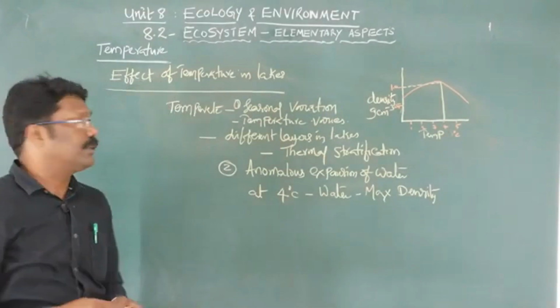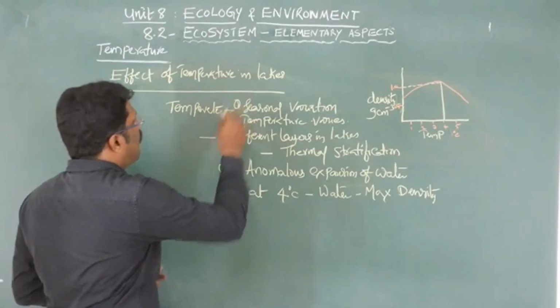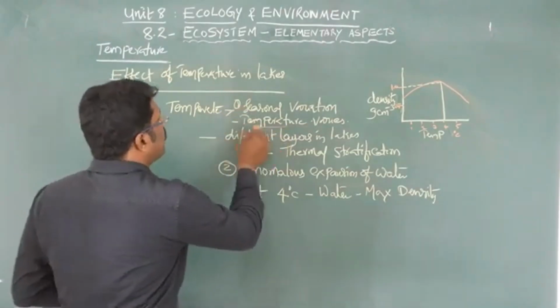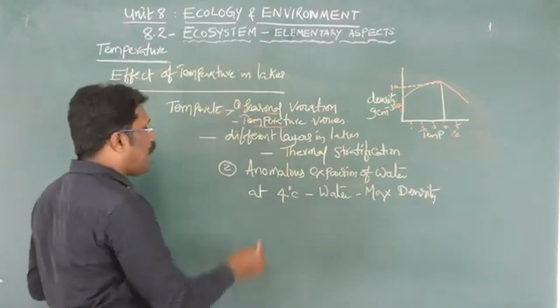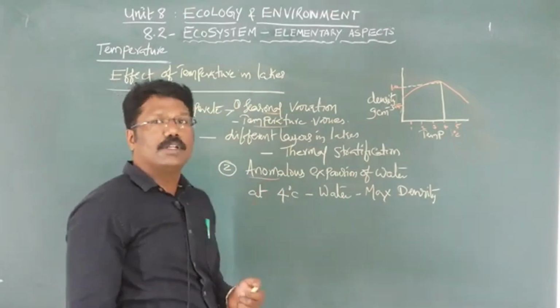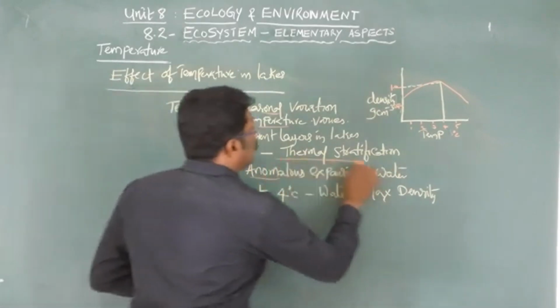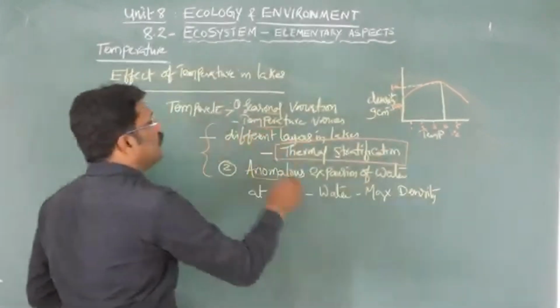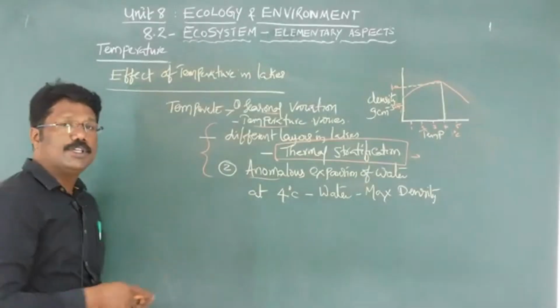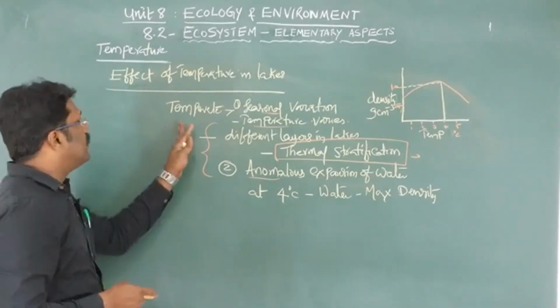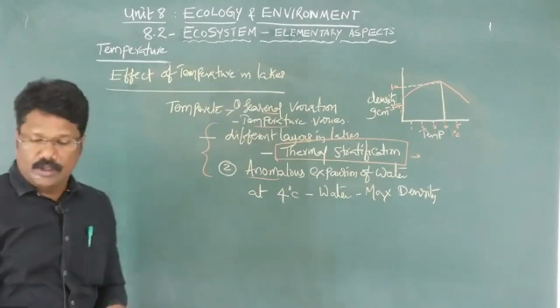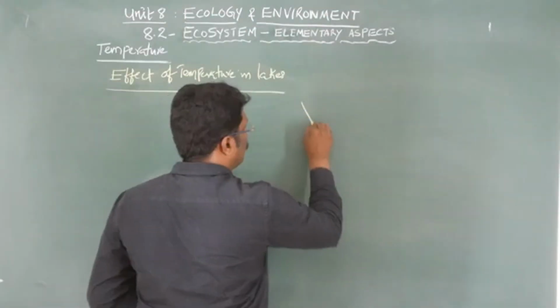expansion of water. And these two factors, that is the temperature variation according to the seasons and the anomalous expansion of water, lead to the formation of thermal stratification in lakes. We will see what this thermal stratification is according to the temperature changes in the temperate regions.